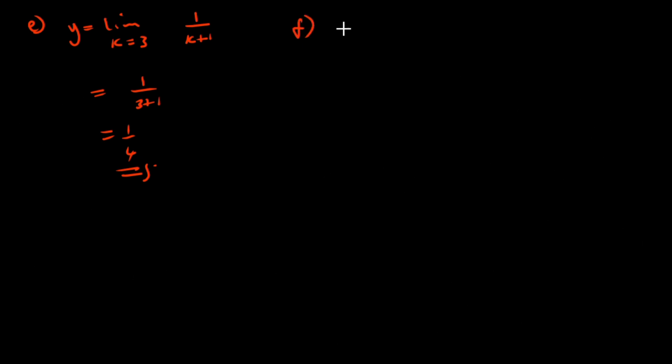If I am to deal with this limit, y is equal to, let's say, k squared minus 9 all over k minus 3. Oh, I left out the limit. The limit as k goes to 3. So what does that mean now?